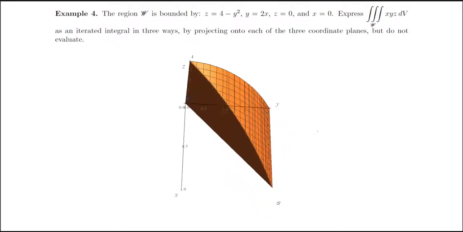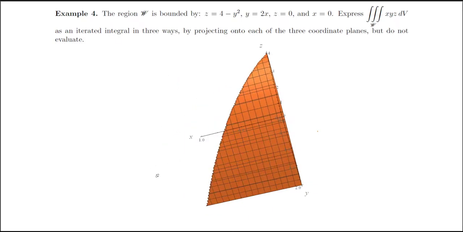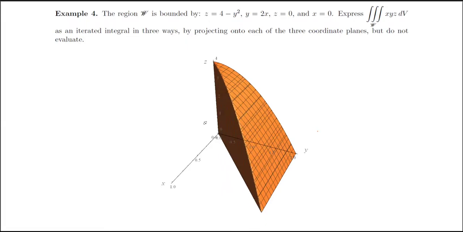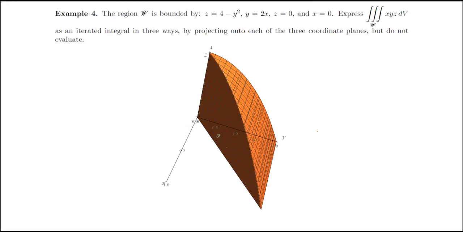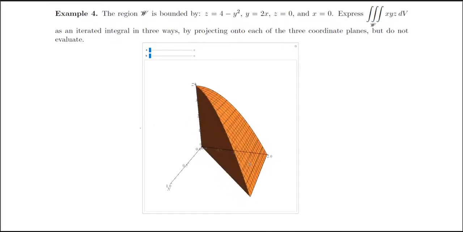So what we want to do now is think about how we can describe this region in different ways, either as being z simple, x simple, or y simple. Now if we look at this region here, I plotted a line through this region, and I gave it two parameters.